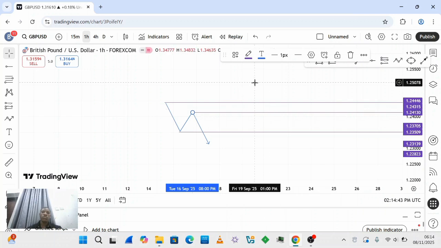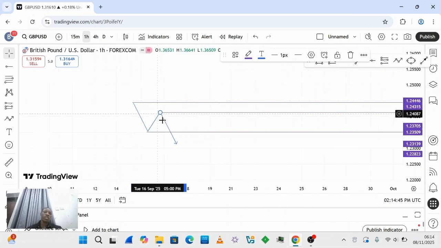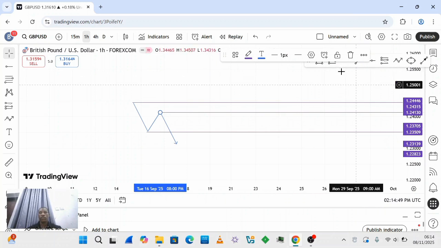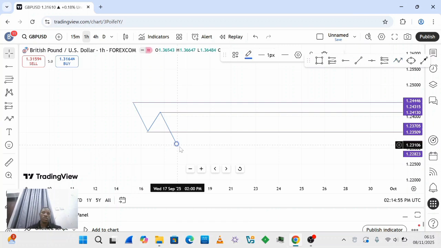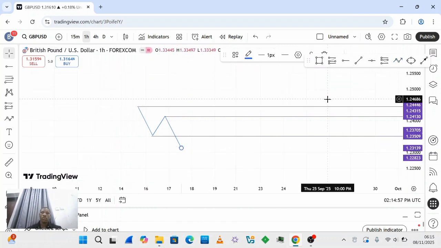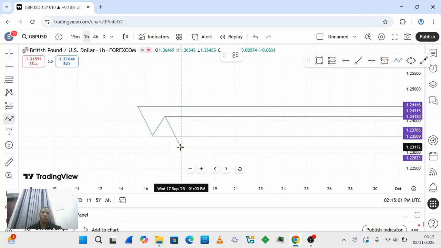Now, for you to be able to sell, you need to wait for price to go back to the previous broken level, which is this one. You need to wait for price to go back to this level now.